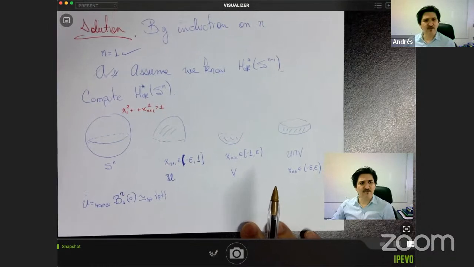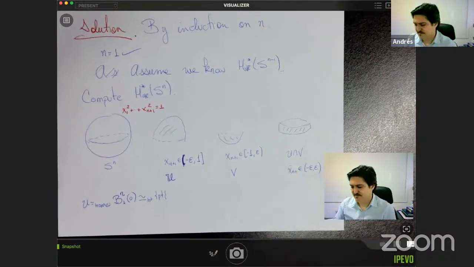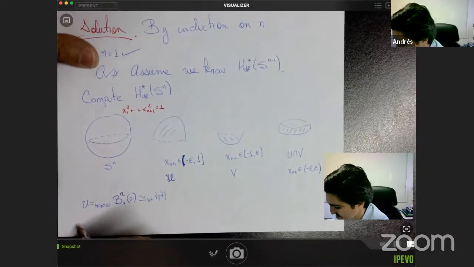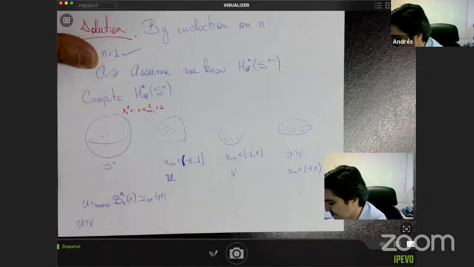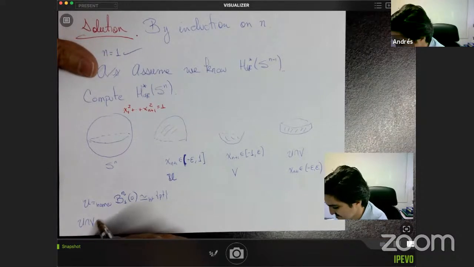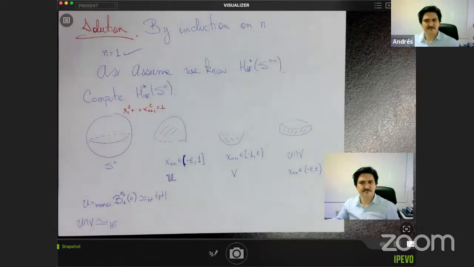Now, what about the intersection? What can you say about that? We computed the homotopy type of that.